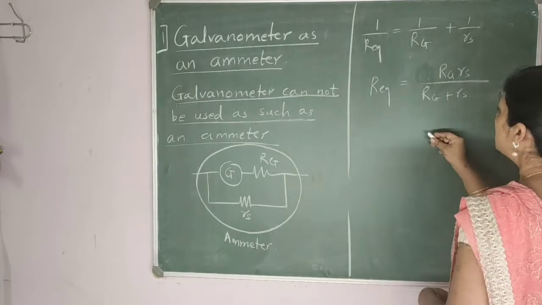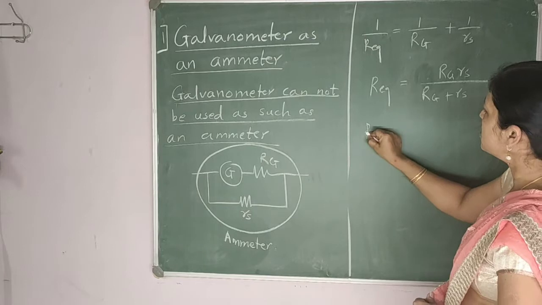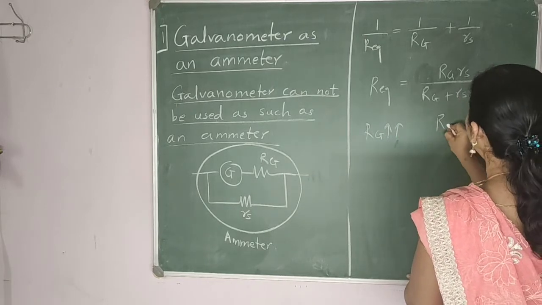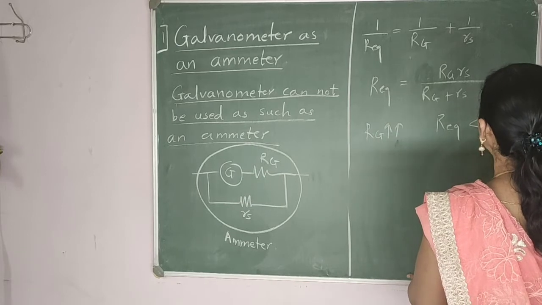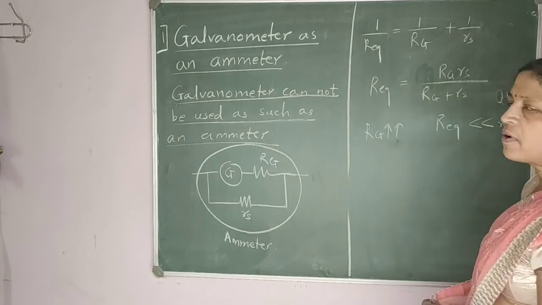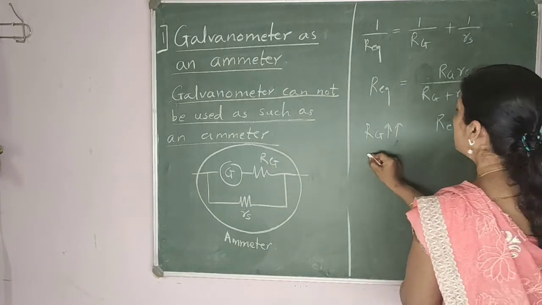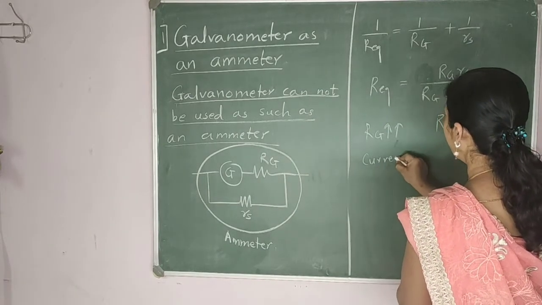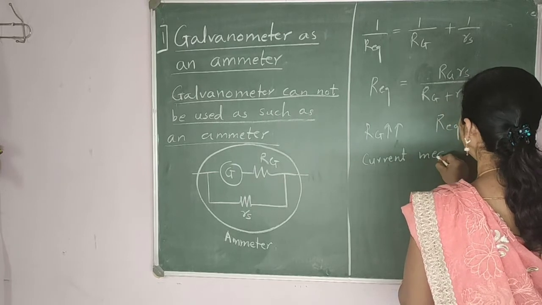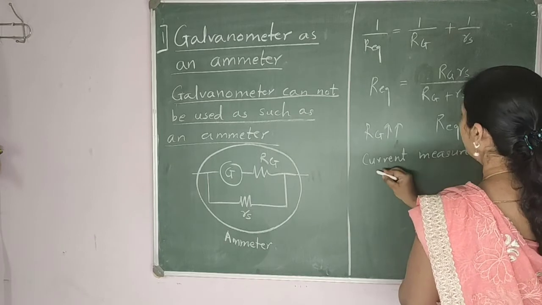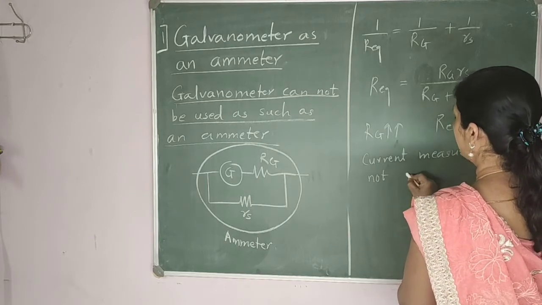Now you can see that though the galvanometer resistance is too high, R equivalent becomes less than Rs. Due to this arrangement, the current measurement of the circuit will not get affected, and it will act as an ammeter.